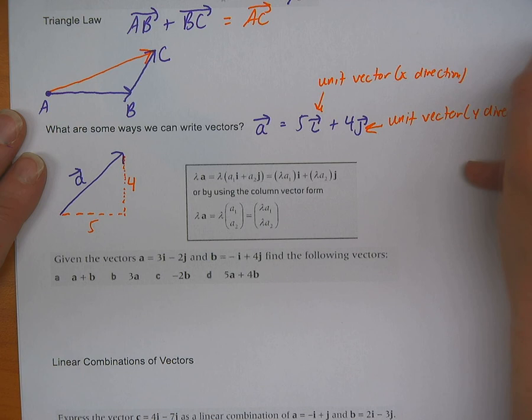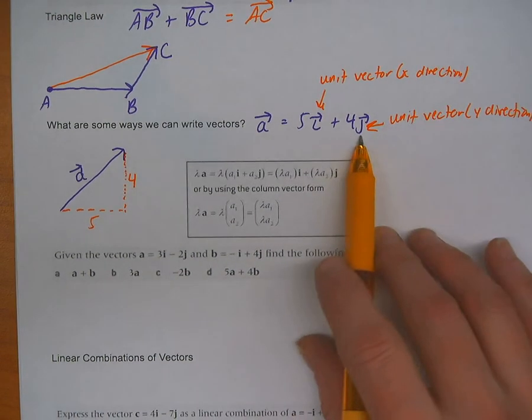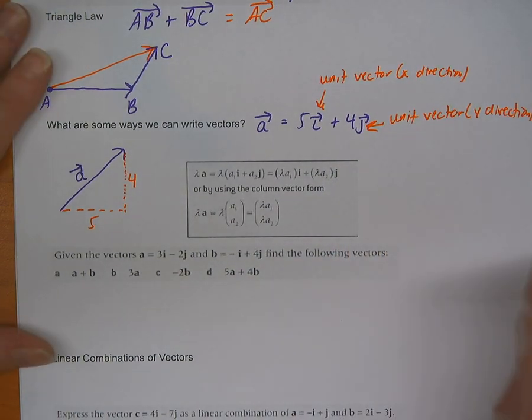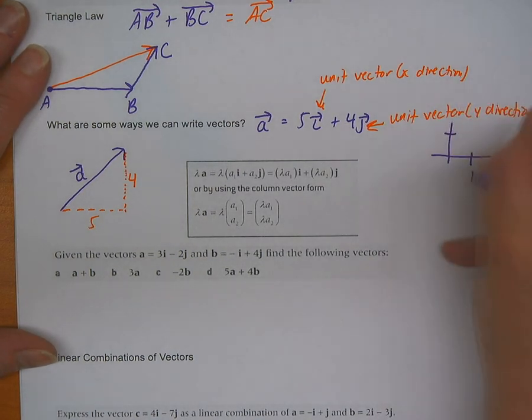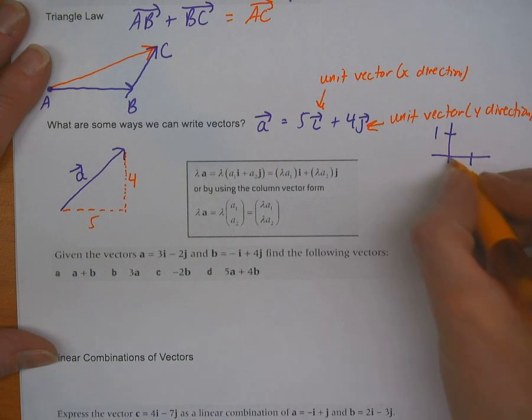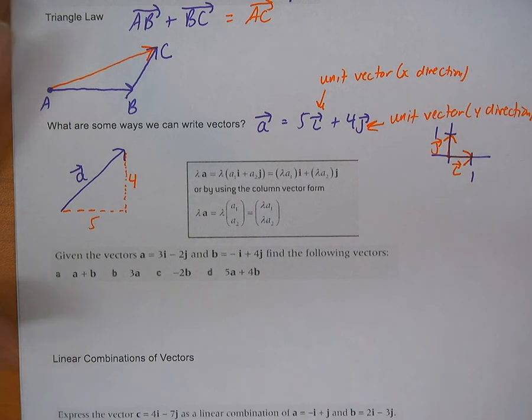So it is a vector of direction of 1 unit in the x direction. j is a vector of 1 unit in the y direction. So for example, if I was to graph these, and this was 1 and 1, this would be i, this would be j. So you can use those in combination with scalars to write out what your vector is.